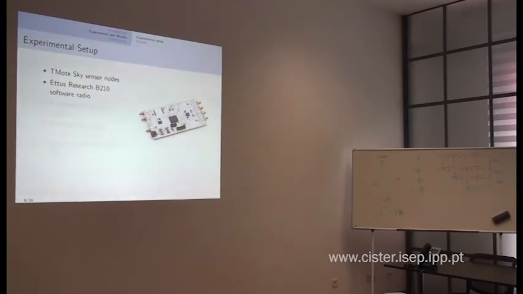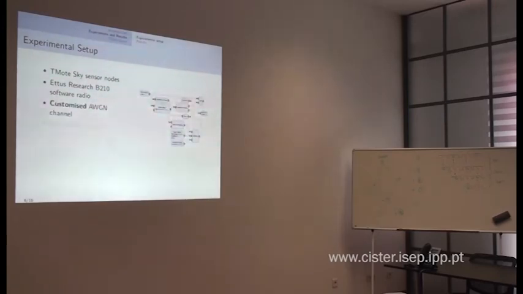By the way, this is part of the collaboration we have. We borrowed this radio from Ettus. They sell this equipment, but they had the kindness to let us do experiments with their hardware. We also have a customized additive white Gaussian noise channel.